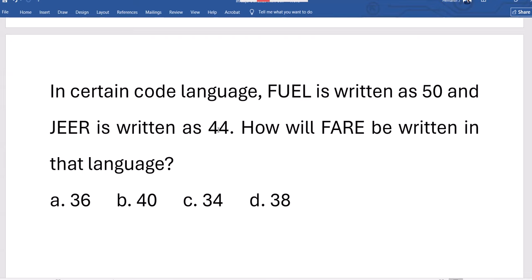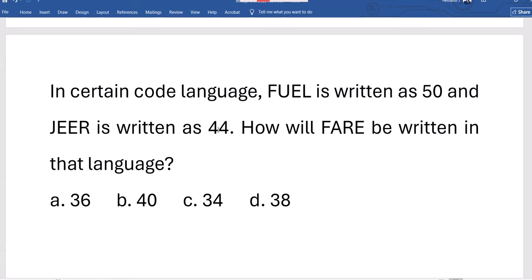Now, what about this one? FUEL is 50, GO is 44, FARE is what? 36 is correct.